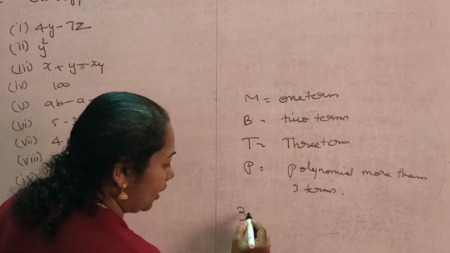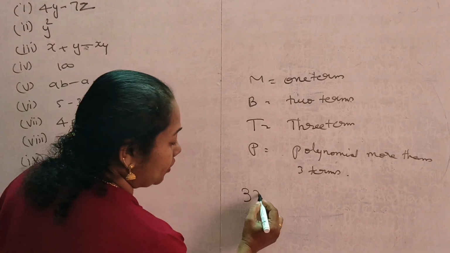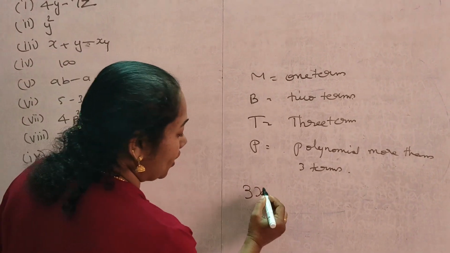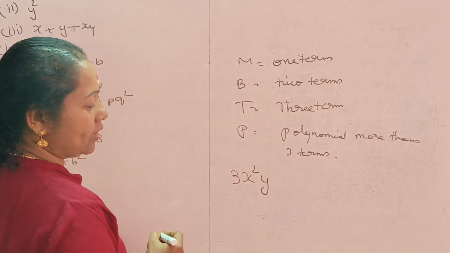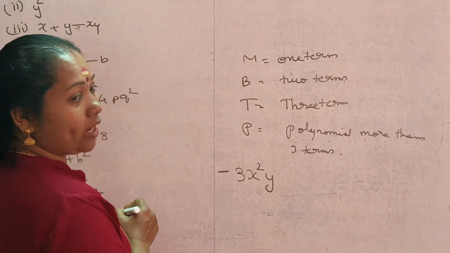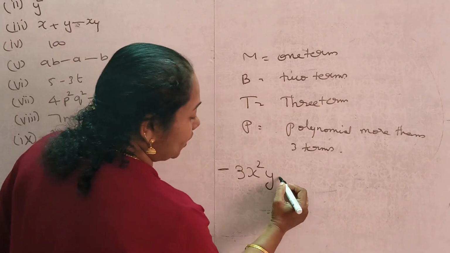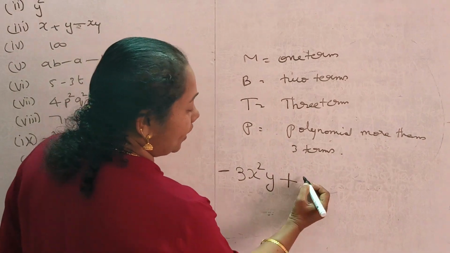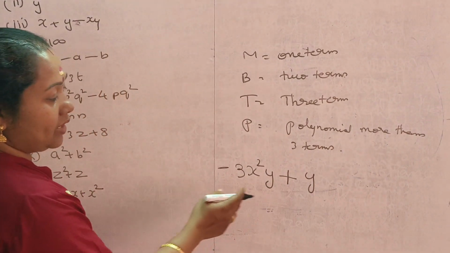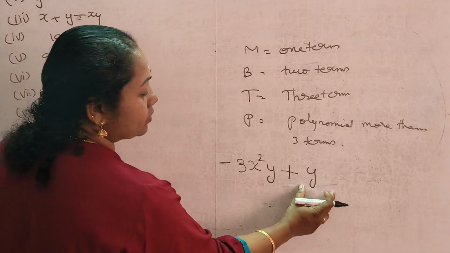3 is a monomial. 3x is also a monomial. 3x squared is also a monomial. 3x squared y is a monomial. Minus 3x squared y is a monomial. But if there is one more symbol, like y, then it is a binomial because two terms are there.